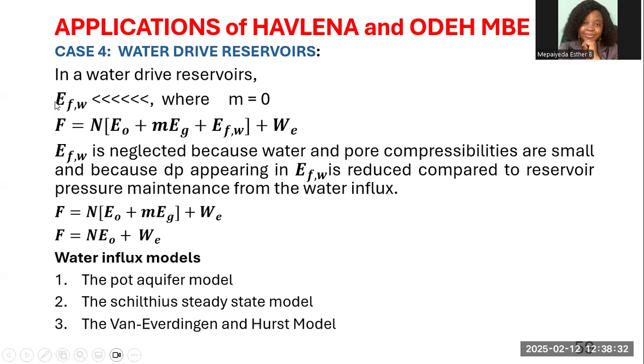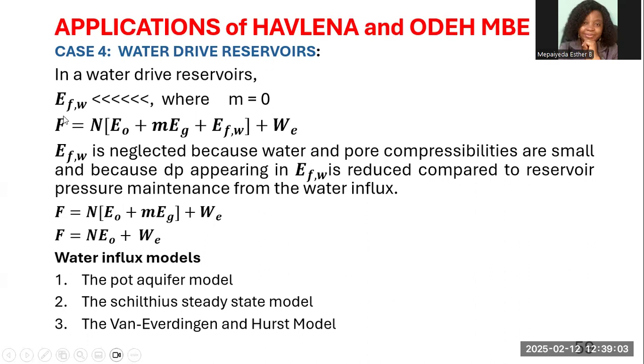And EFW is also far less. It's far less because this is energy due to rock compaction and connate water expansion. It's also quite less because there is a high energy from an adjoining aquifer. So this energy is quite low compared to energy from our water body.